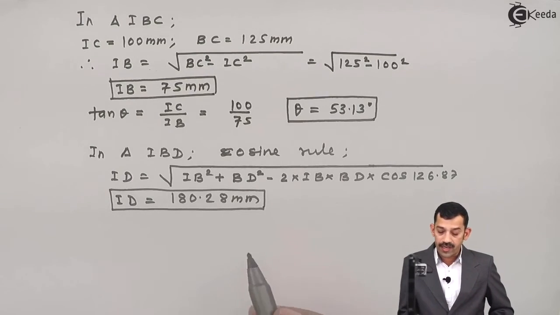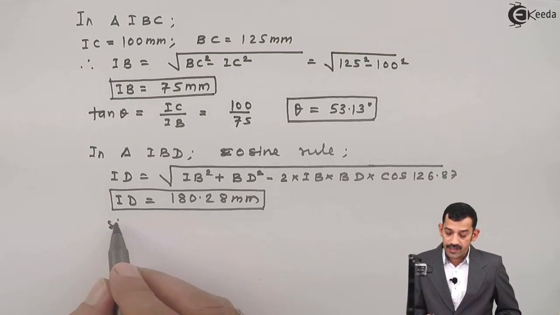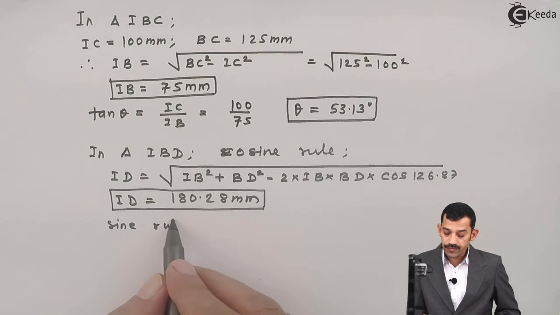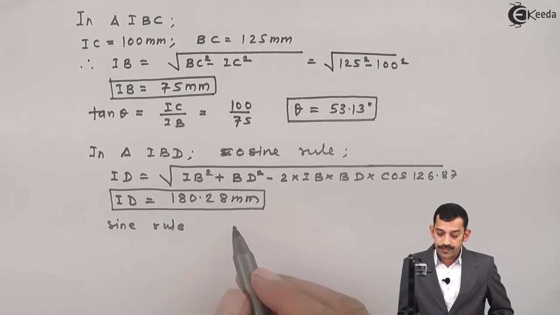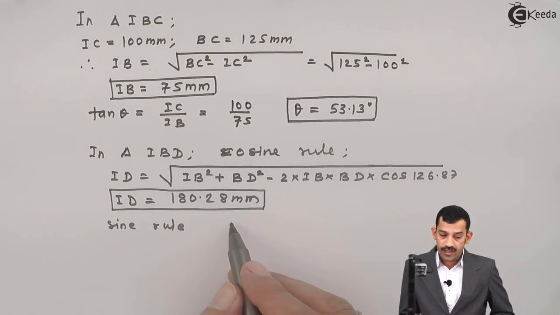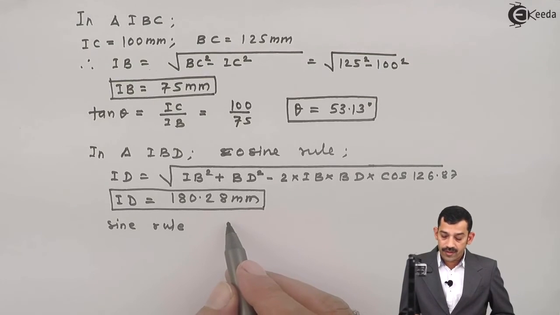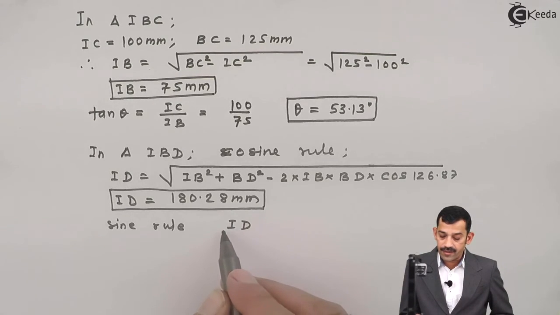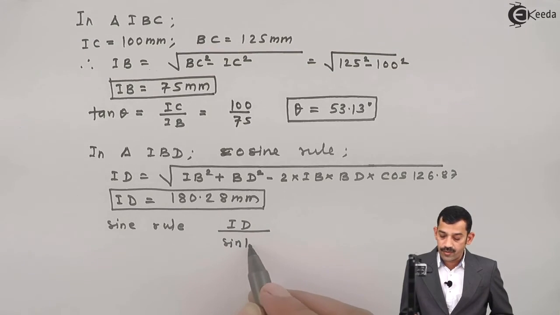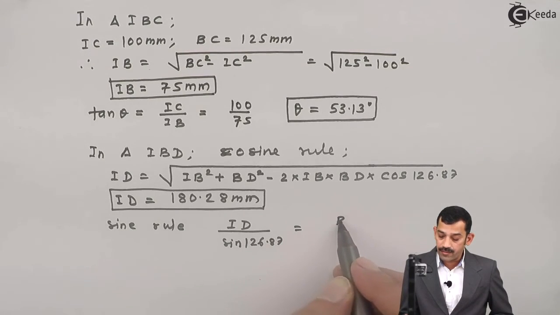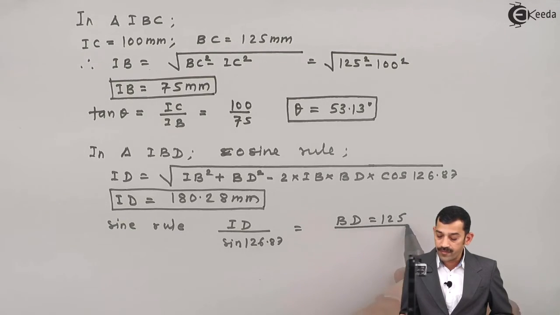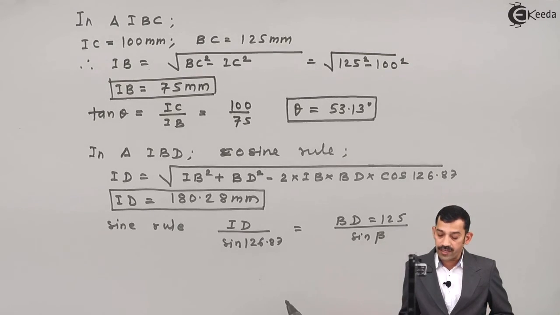Once you get length ID, the next step is to find the inclination beta. To find angle beta in the same triangle, we use sine rule. This ID length you know, divided by sine of the opposite angle 126.87, equals length BD, which is known, 125 mm, divided by sine of angle beta.